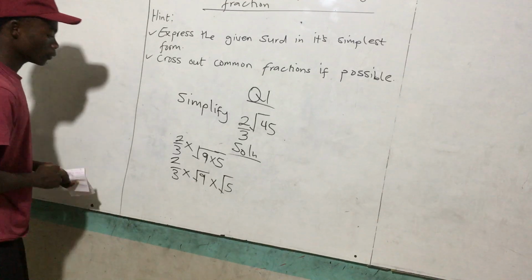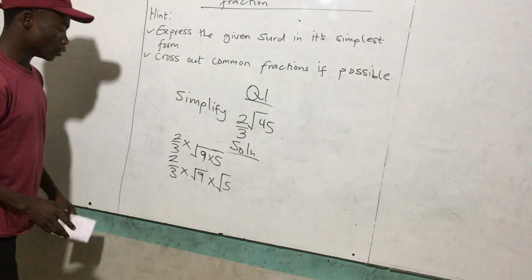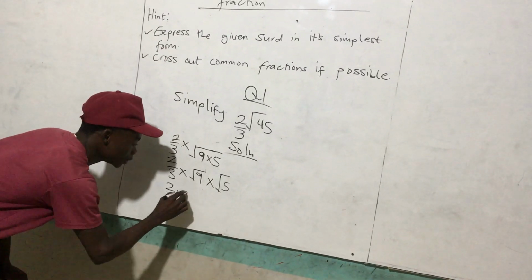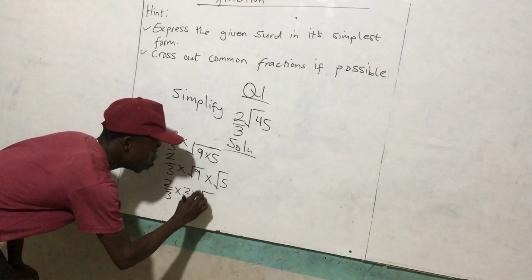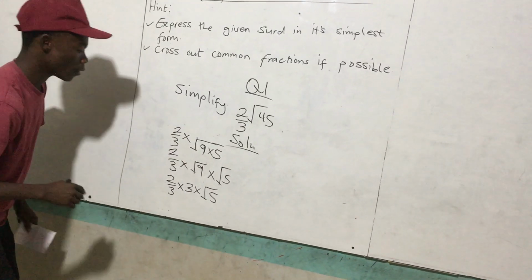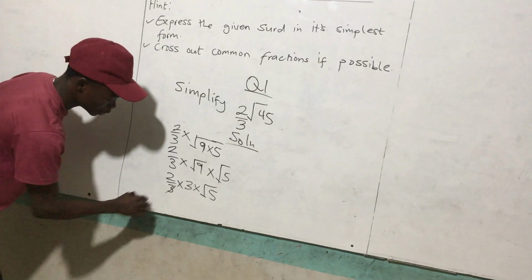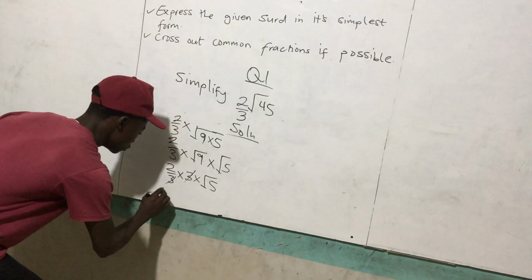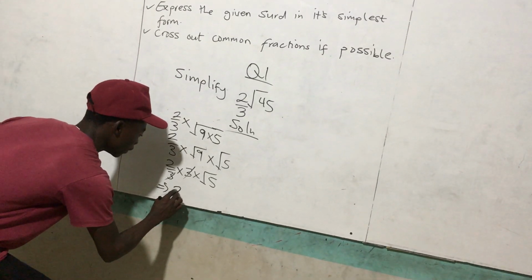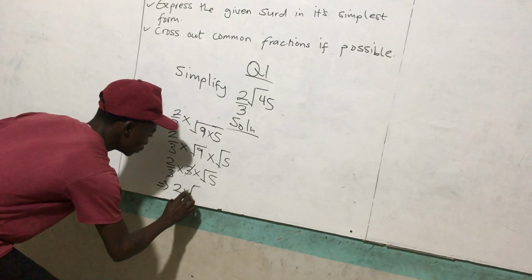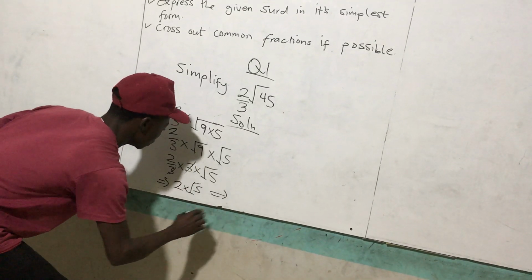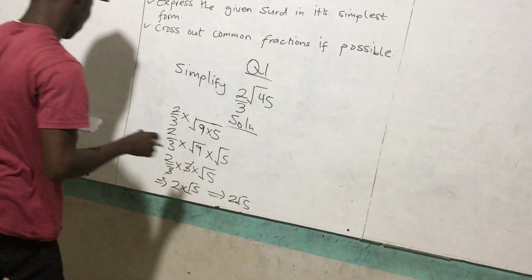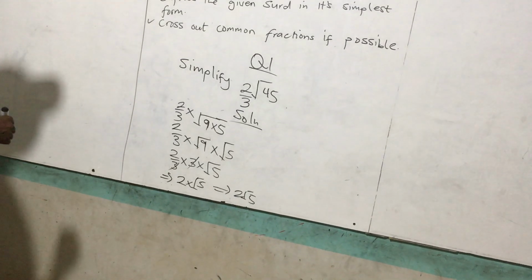Now, root 9 is 3, so we have 2 over 3 times 3 times root 5. Alright, so clearly as you can see, our 3 here cancels the 3 here, so we are left with 2 times root 5, and that will be our final answer. Our answer is equal to 2 root 5.